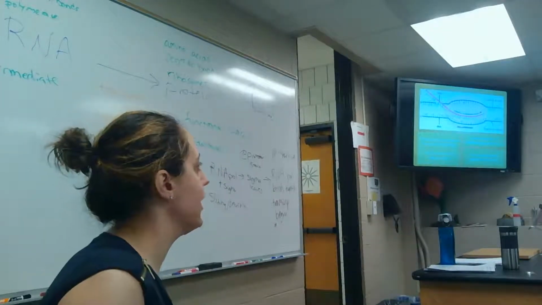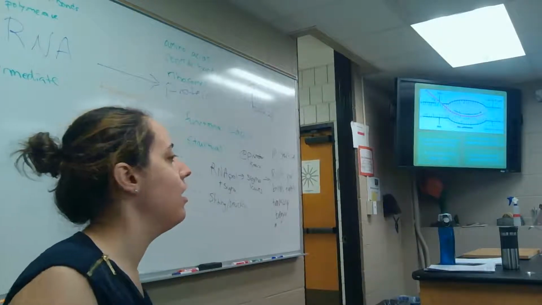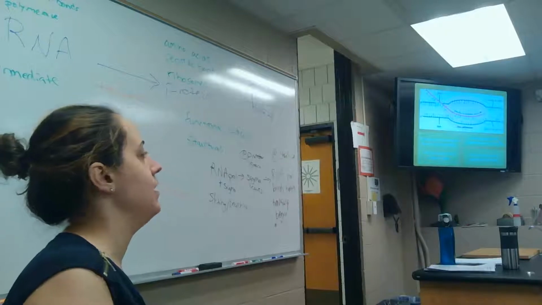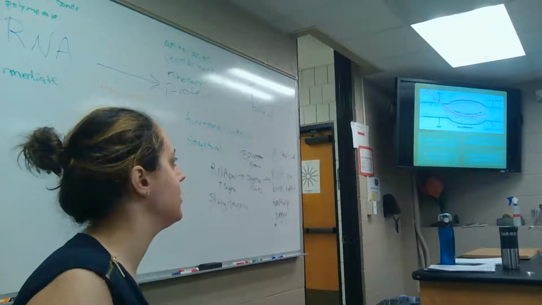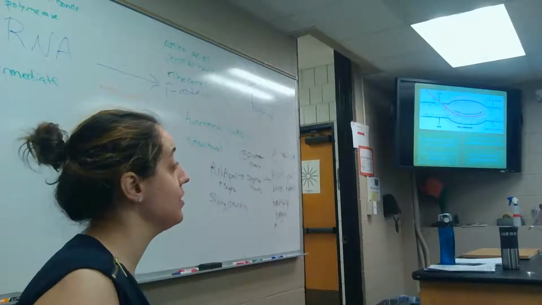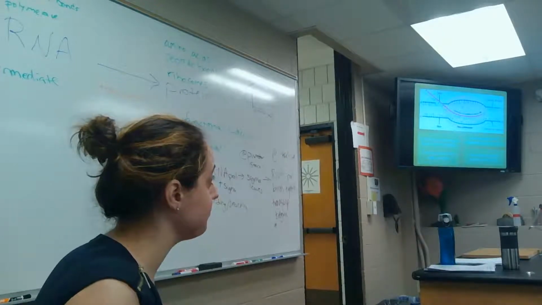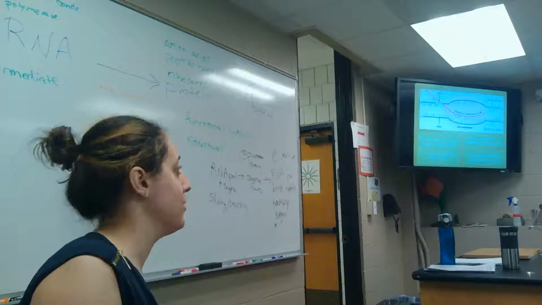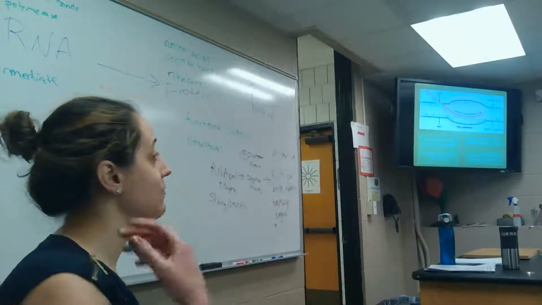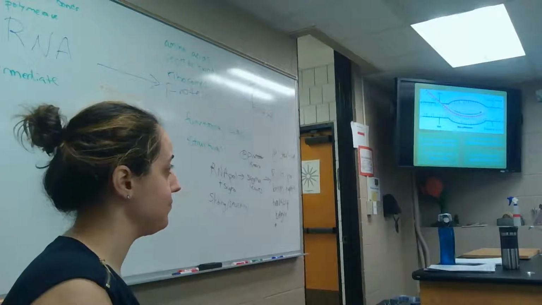The other strand of DNA that RNA polymerase is not reading is called the coding strand. So you see up here, the top is the coding strand in this example. And the coding strand is, again, the one that RNA polymerase does not use.